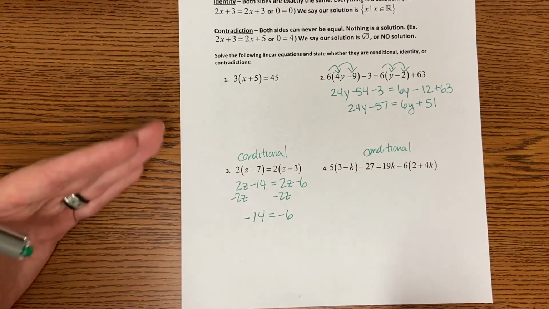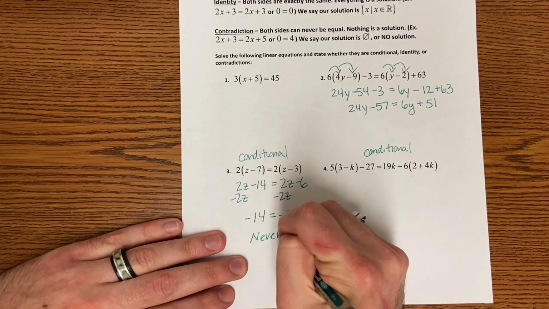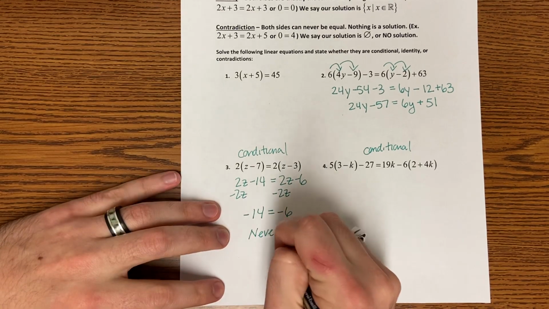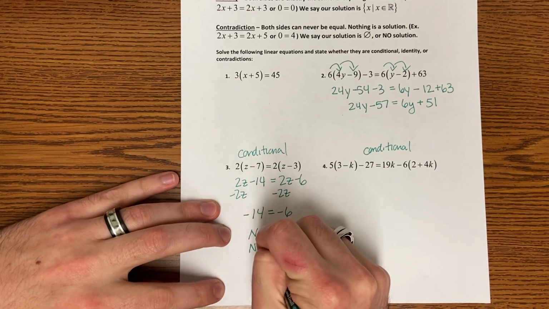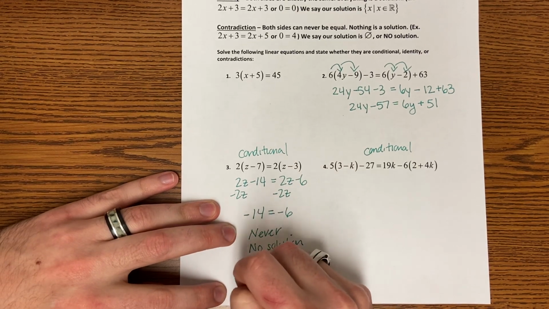And if you ask yourself, when is negative 14 equal to negative 6, your answer should be never. Being $14 in debt and $6 in debt are never the same. If you add a few zeros to that, one feels a lot less bad than the other. So when they're never equal, there's no solution. And when there's no solution, this is a contradiction.